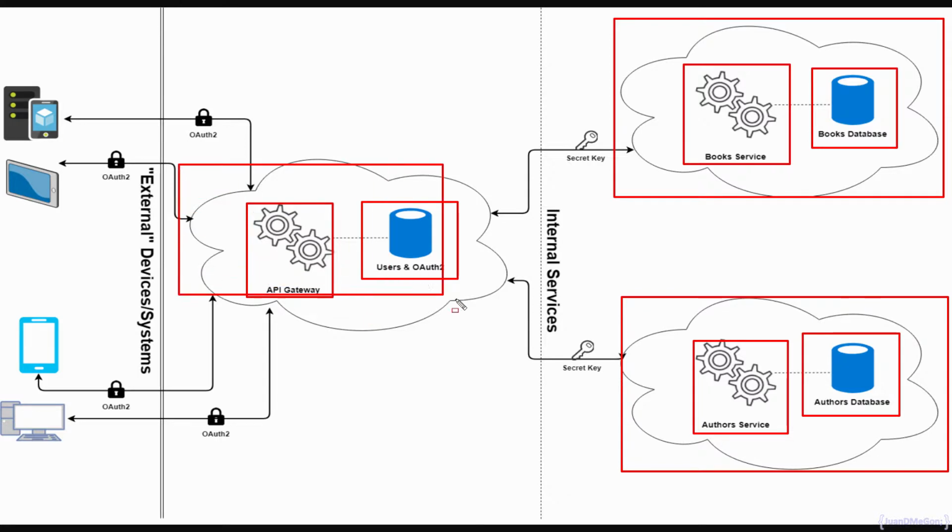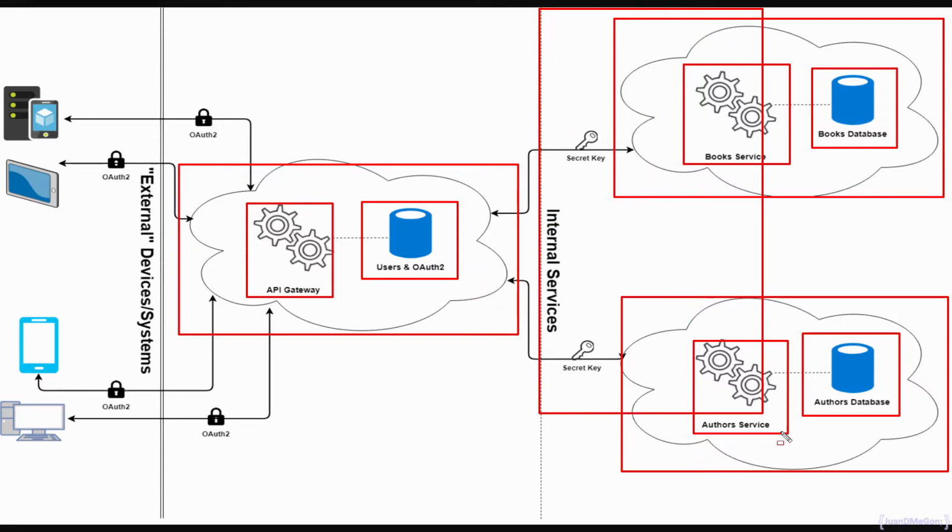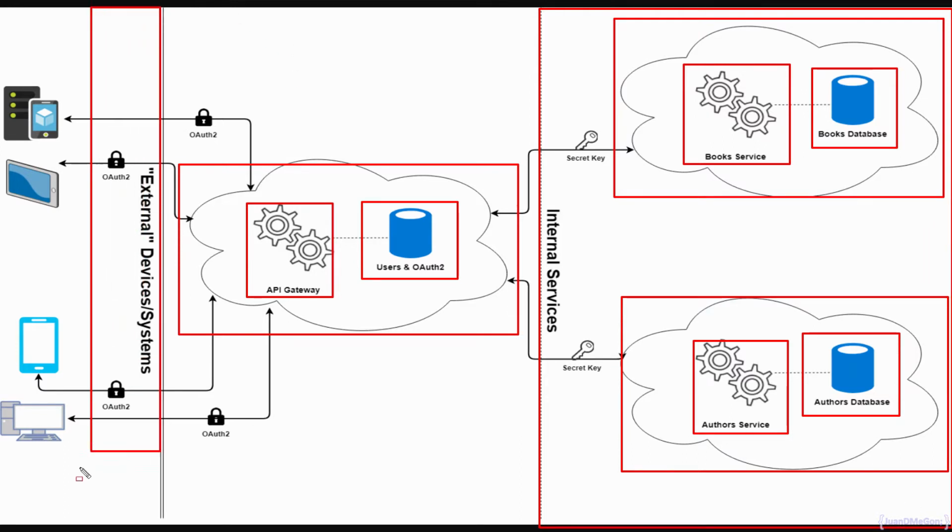You can see that, of course, the API gateway is completely isolated from the other services. And here is the difference. Those services are the internal services. On the other hand, you have the external systems or the external devices that can access the API gateway directly, but you need to control the access to it, and for that you can use OAuth 2.